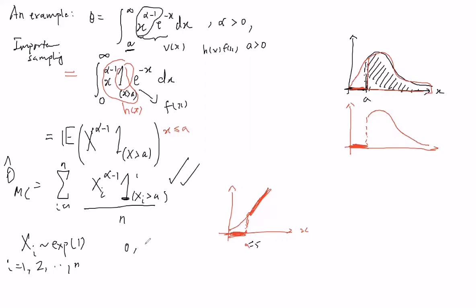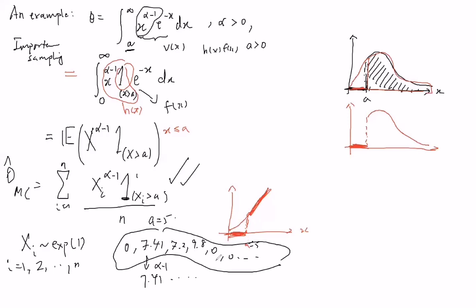If it's above 5, then you will score some value, maybe 7.2, maybe 9.8, then 0, 0, and so on. Of course, you then raise it to the power of alpha minus 1. The problem with this approach is that you're going to get a lot of zeros, because these are all values where this check fails.